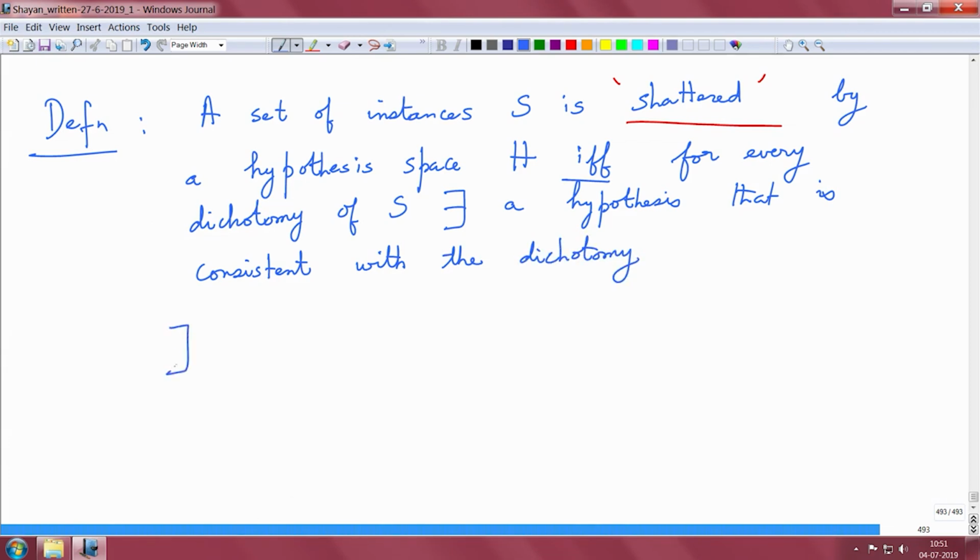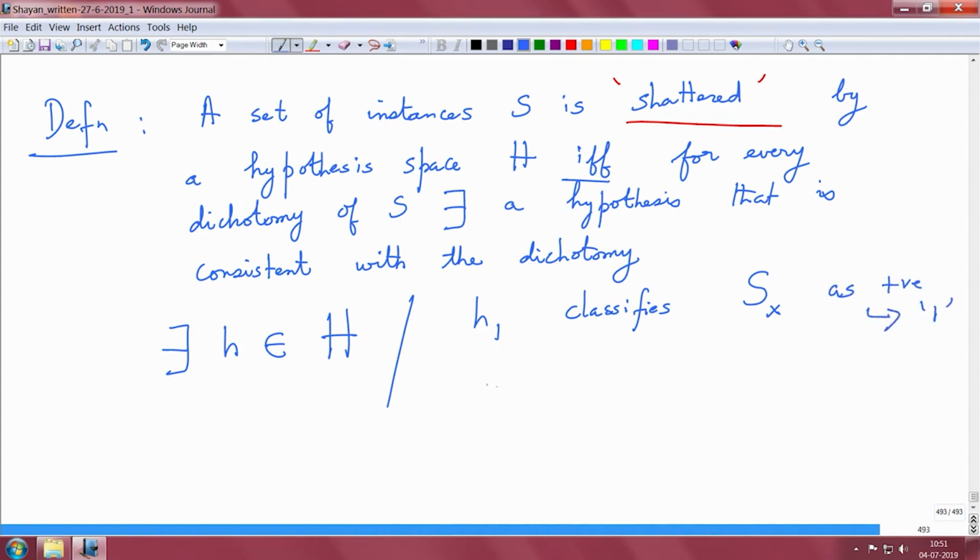What it means is there exists h belonging to this space capital H, that means there exist these hypotheses in the hypothesis space capital H, such that for example I use hypothesis h1, this classifies our elements belonging to this set S cross as positive and hence the label 1, and I have h2 that classifies points in my set S circle as negative, and I assign a label 2 to this, right.